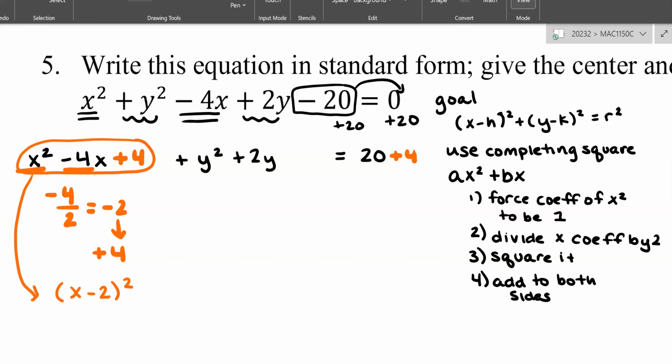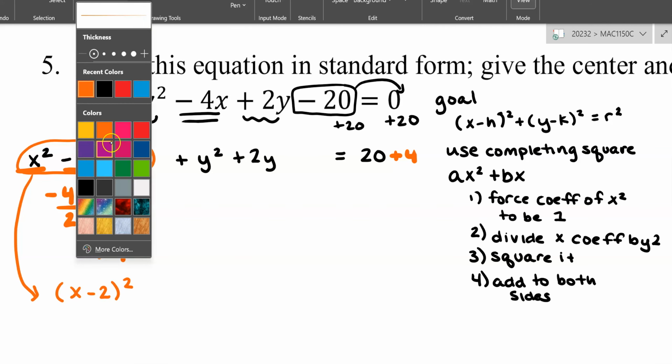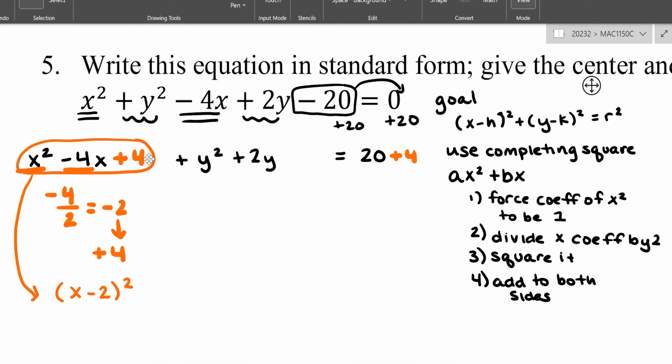Well, let's do that again, but for the other variable. So let's look. We've got a y squared, and it's got a coefficient of 1, right? There's no number with it. So I'm going to take the number with y, positive 2, and divide it by 2. That gives me positive 1.